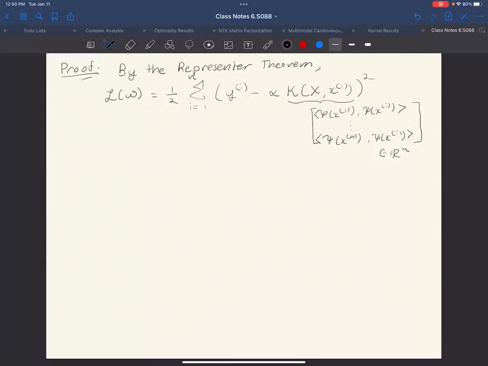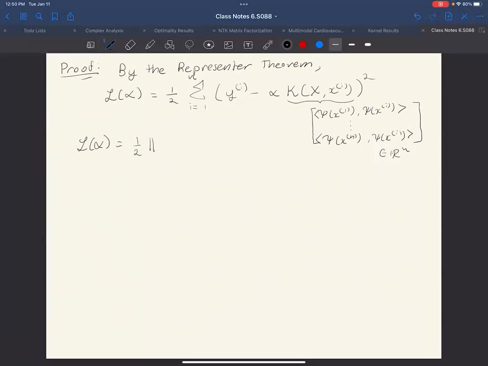So now let's just write this in our usual block form. Right now we've written it out as a sum of these n examples. But we're just going to use linear regression to solve for these alpha i's. And I'll also change it so that the loss, instead of being in terms of that w, that Hilbert space vector, is now just over these alphas. This is a finite dimensional vector.